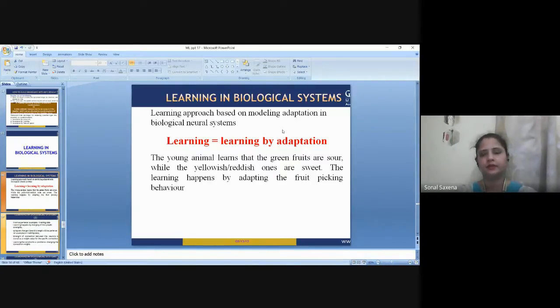Here, learning equals learning by adaptation. The young animal learns that the green fruits are sour, while the yellowish and reddish ones are sweet. The learning happens by adapting the fruit picking behavior.